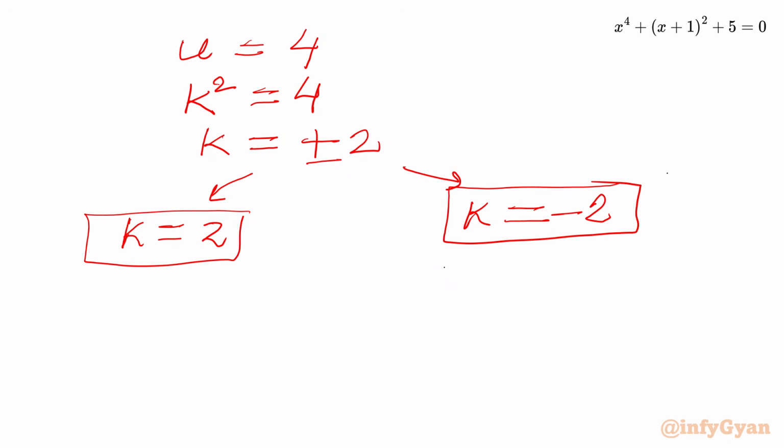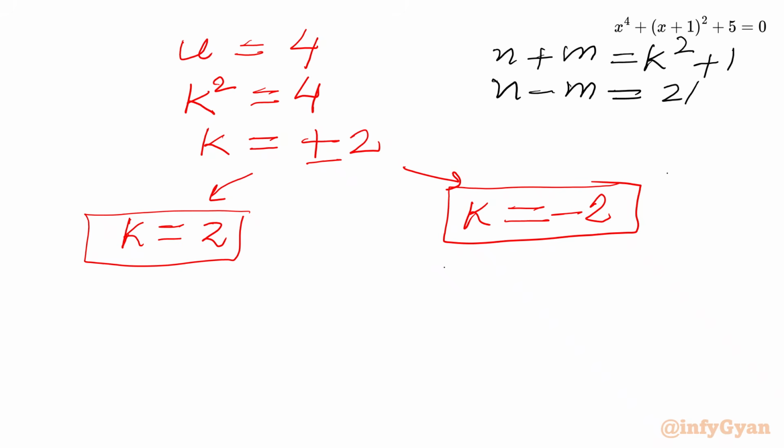Now we have three equations. Let me write here. We have n plus m equal to k square plus 1, we have n minus m equal to 2 over k, and we have nm equal to 6. These three equations.